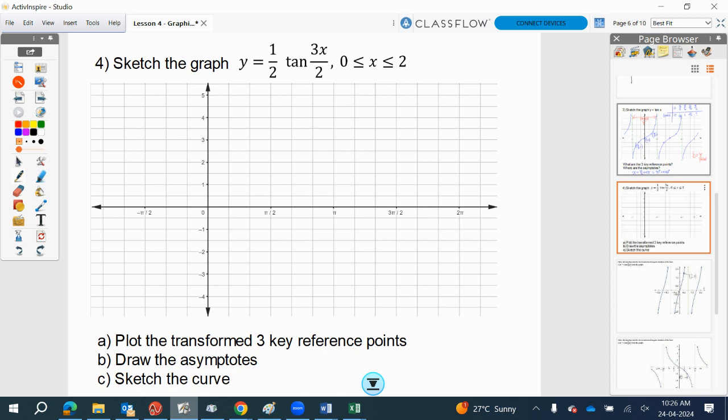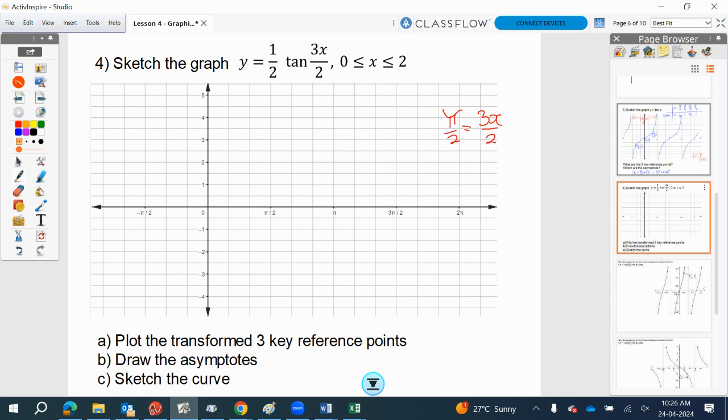Okay, so we need to figure out where the first asymptote is going to be. Where does it normally lie? You need pi over 2 to equal 3x divided by 2.